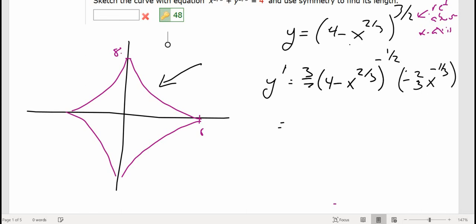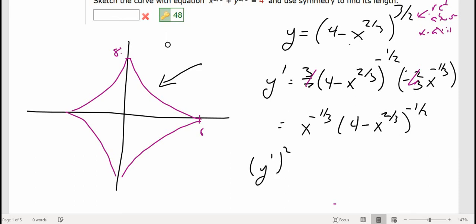That's y prime. So we can simplify a bit and notice that this and this are going to cancel out. And that's going to leave me with x to the negative 1/3 times 4 minus x to the 2/3 to the negative 1/2. Now I'm doing the arc length, so I'm going to square that, because that's going to be part of my little formula, right?